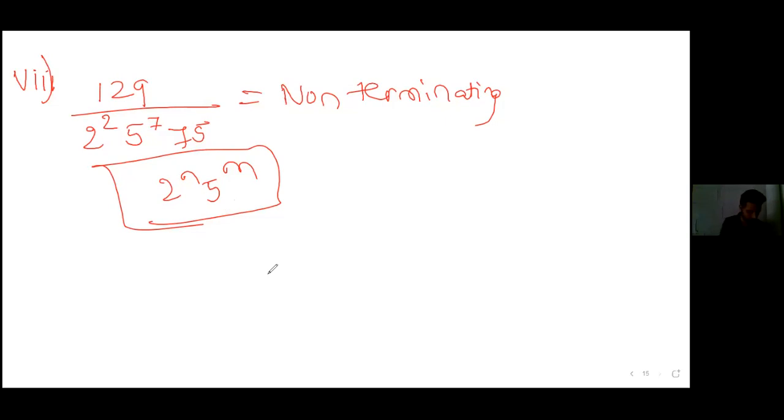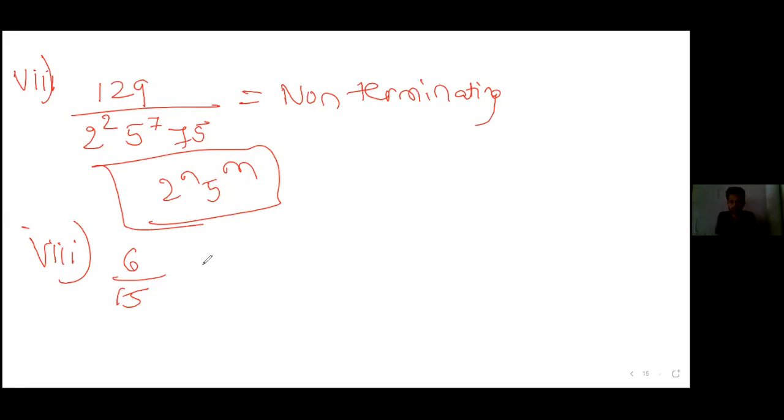Also, here is one more from the 8th problem, that is 6 by 15. Can anyone tell me whether it is terminating or non-terminating? Non-terminating. Okay.